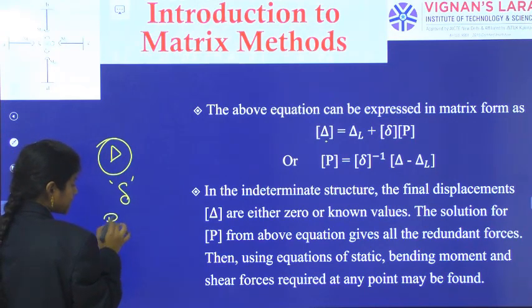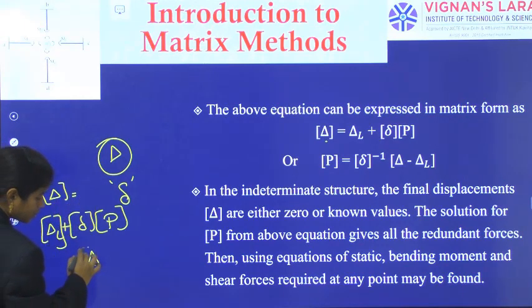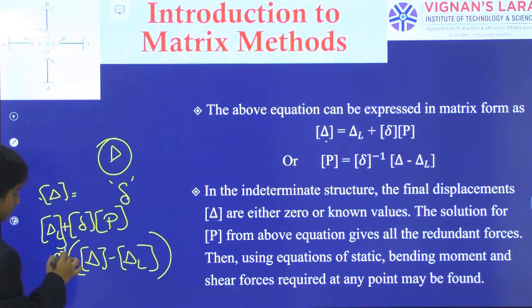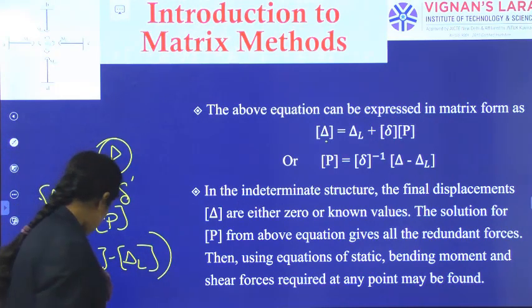The total deflection is delta times P plus the deflection due to load. So the total deflection minus the deflection due to load, in brackets, times the flexibility matrix inverse is equal to the force matrix. So P is equal to delta inverse of delta minus delta L.